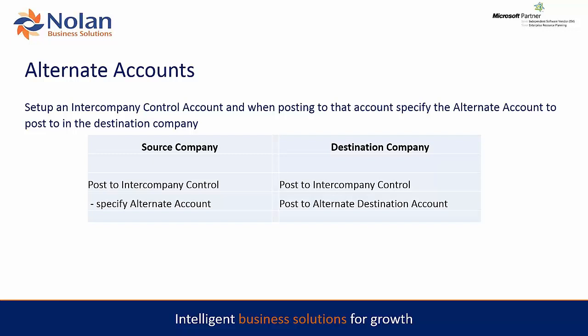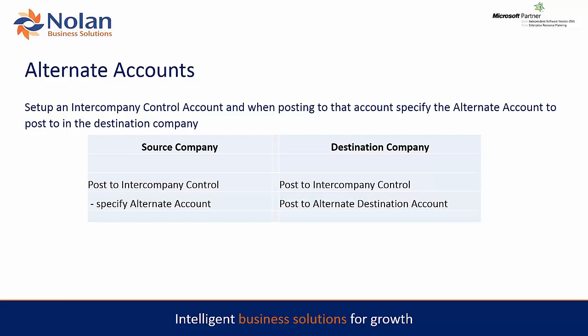If in the UK I create a journal in GBP and I post it to my destination company in the US, it will create a GBP journal in my US company. But because my US company is US functional, it will use the exchange rate in either the source or the destination company to affect the exchange rate between the pound and the dollar at that point.